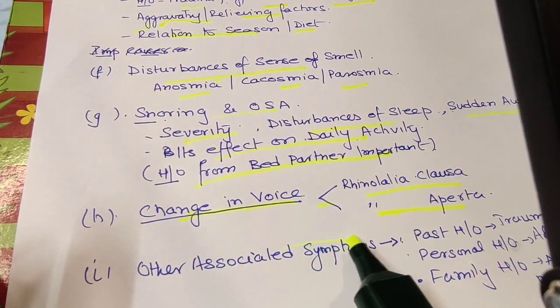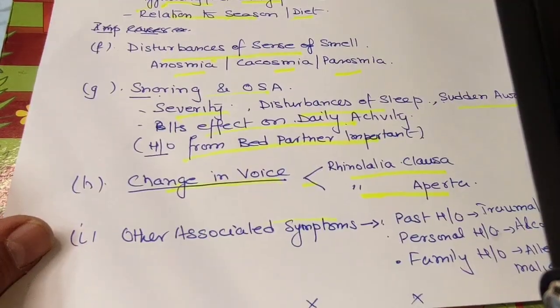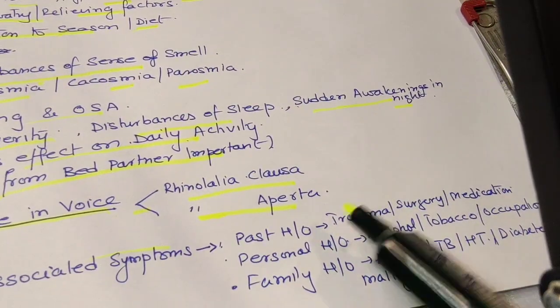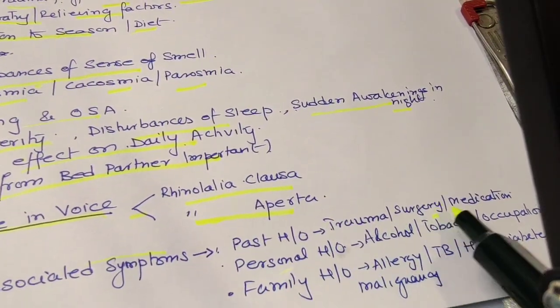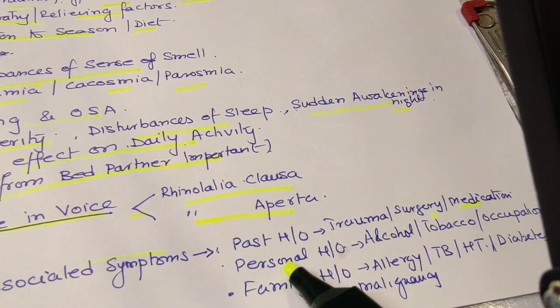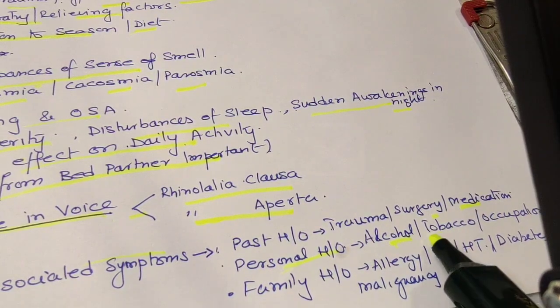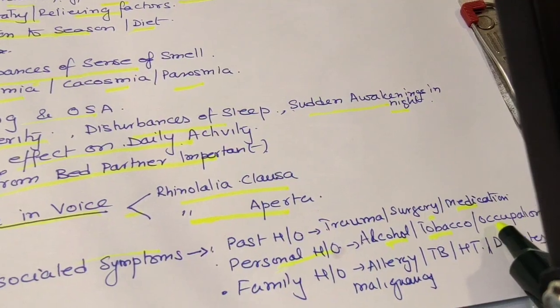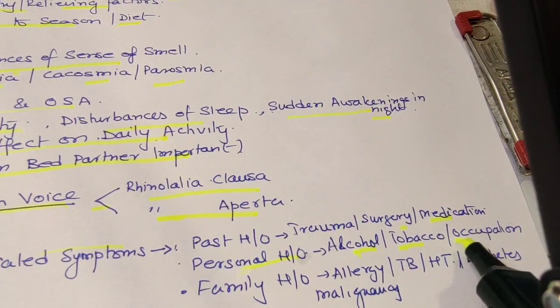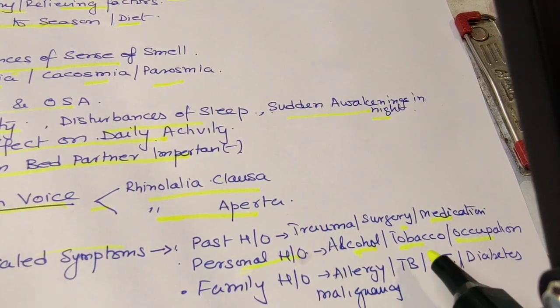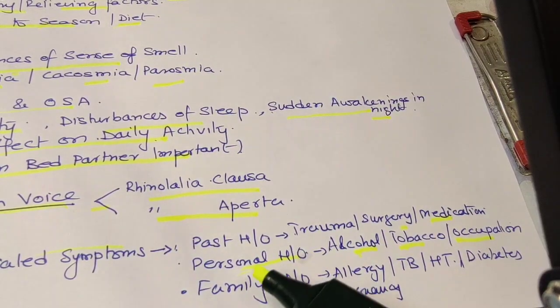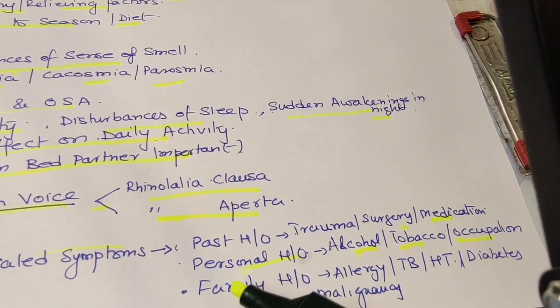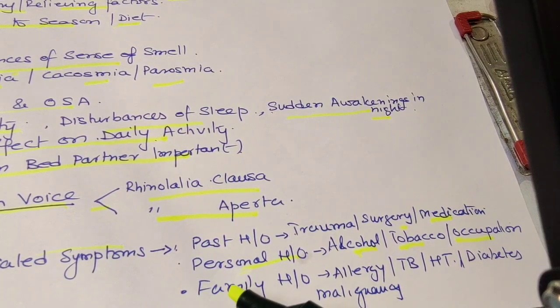Then other associated symptoms, like the important past history of trauma or any surgery or any medication, the personal history about alcohol, tobacco chewing, or smoking, or any other, and the type of occupation that the patient has, as I discussed about the woodworkers, or the exposure to allergens, will give you information about what kind of problem you are dealing with.